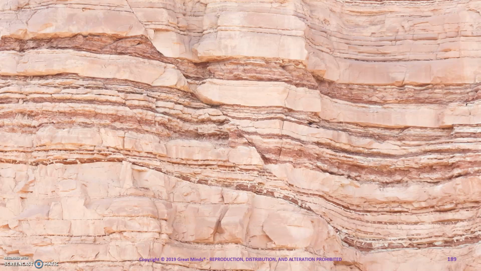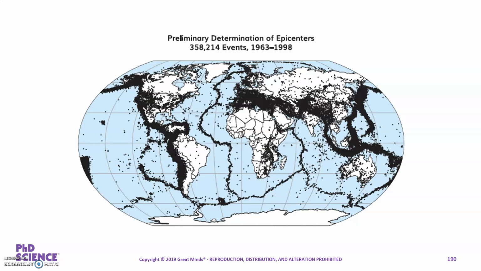So we're going to look at a map in just a second, and this map is going to show locations of earthquakes between 1963 and 1998. So here's the map. Those black dots represent earthquakes.